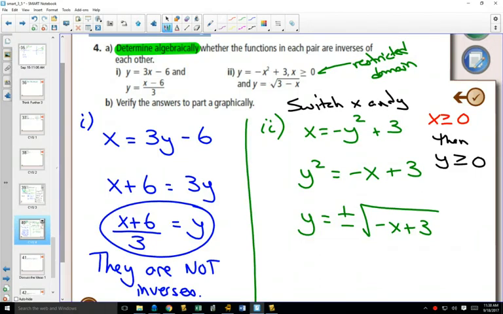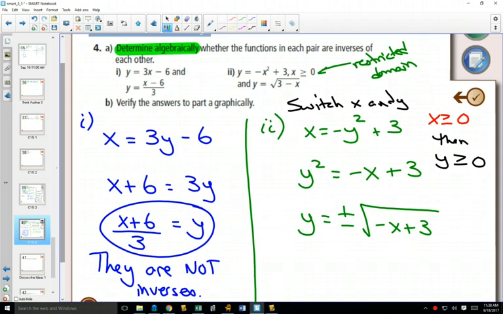Because that switching x and y happens in all areas. So if we can switch x and y algebraically, we can switch x and y with domain and range and all sorts of things. So if the domain was x is bigger than 0 on the original one, that's telling us that the range of our inverse has to be y is greater than or equal to 0.